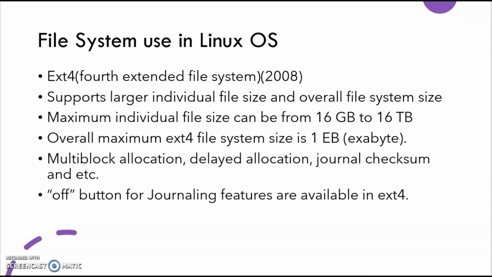The maximum individual file size that can be stored in ext4 can be from 16 gigabytes to 16 terabytes. The overall maximum file system size is 1 exabyte, and some new features such as multi-block allocation, delayed allocation, journal checksum, and etc. are also introduced in ext4.